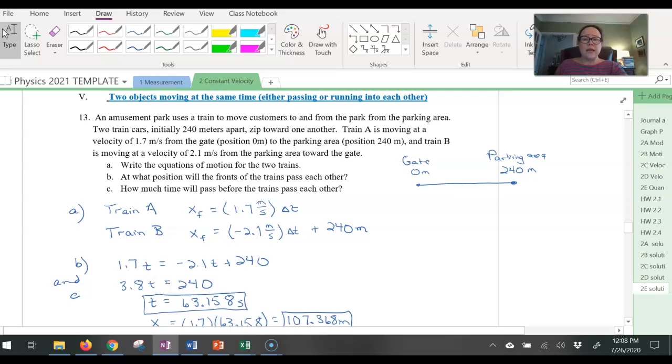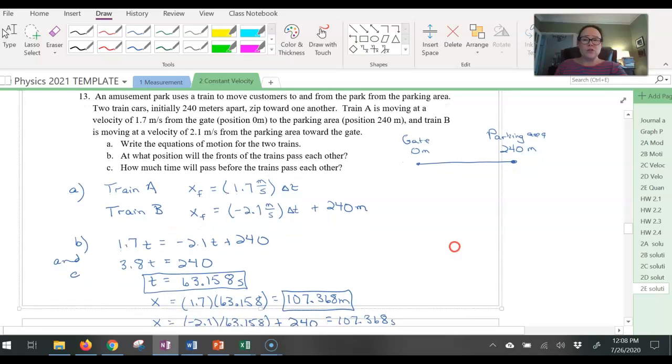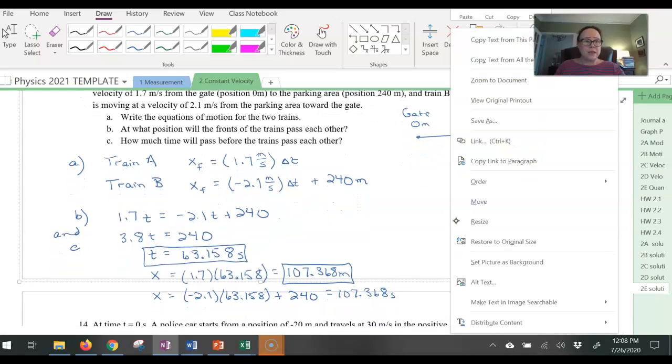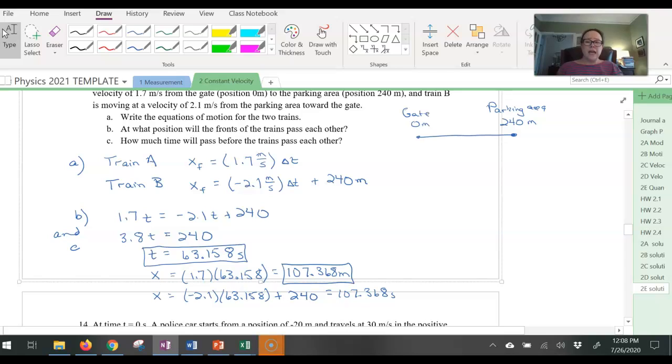Now that I have the two equations of motion, I set them equal to each other and solve for the time by getting all of the factors that have time in them on one side, moving everything else to the other, and I find that these two trains will pass each other at 63.158 seconds.